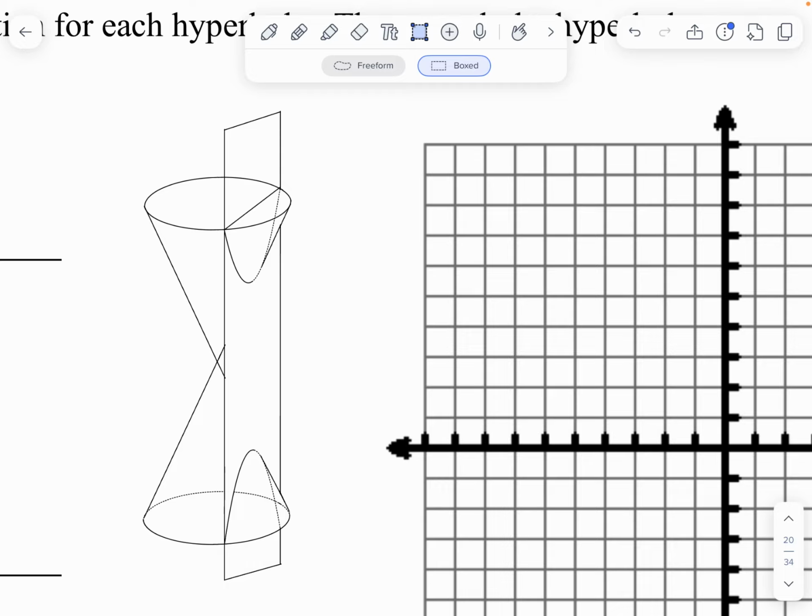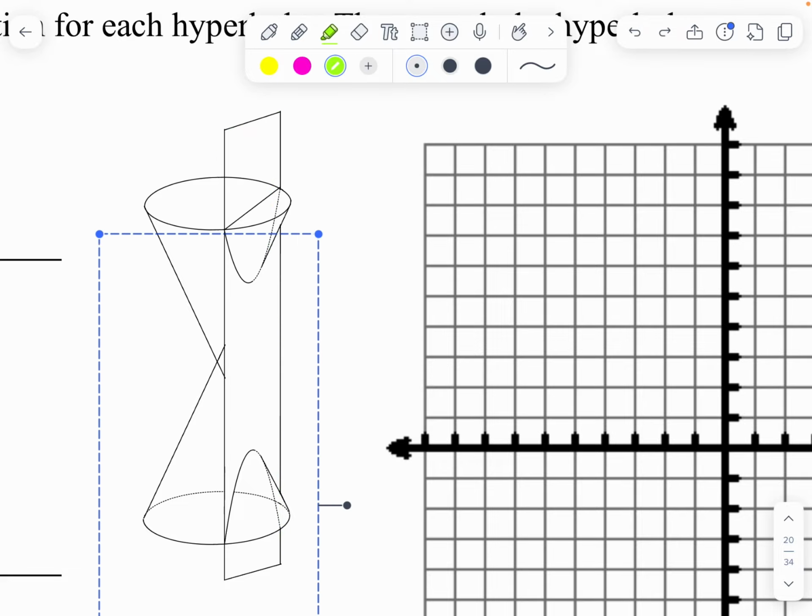Okay, now that we have that, let's start by doing the first question. But first, let's look at why a hyperbola is considered a conic section. As you can see, I have two cones, and I have a plane that intersects.